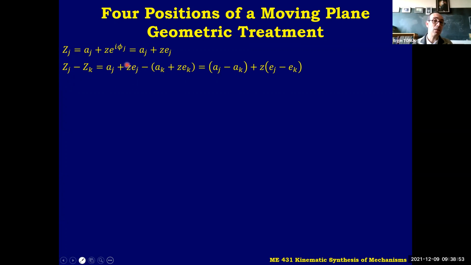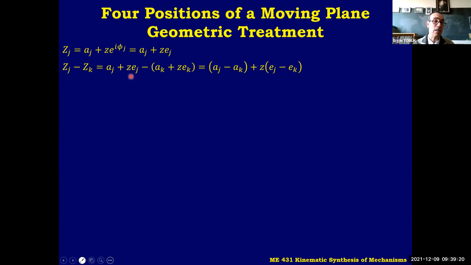Remember, z does not depend on the position. Why? Because it's the location of the homologous point on the moving plane. The moving plane has its coordinates and the point. So wherever it moves, the position of the point in the moving coordinate system is constant. So it doesn't change.